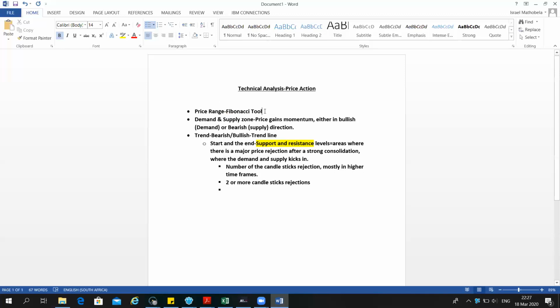You can use it to check where price rejects or where price is supposed to continue. It's easy to read once you're used to it, but at the beginning it might be a bit difficult to apply.